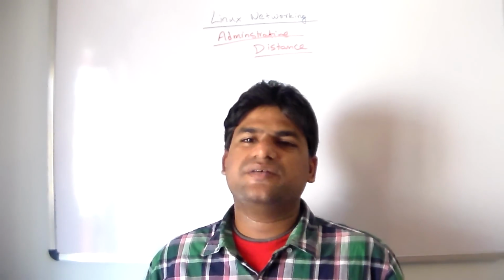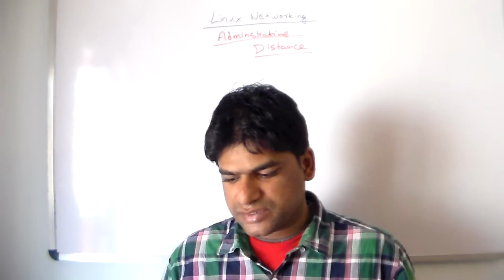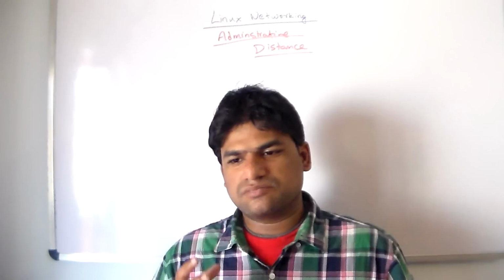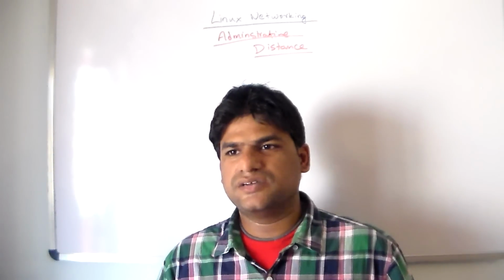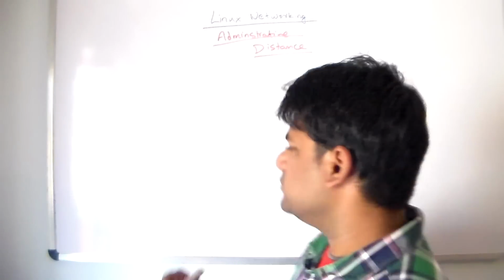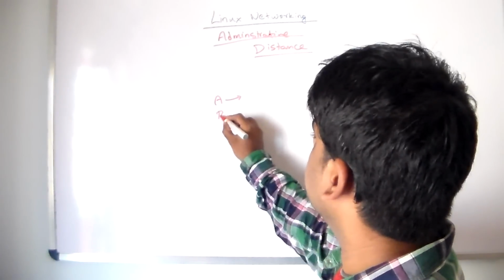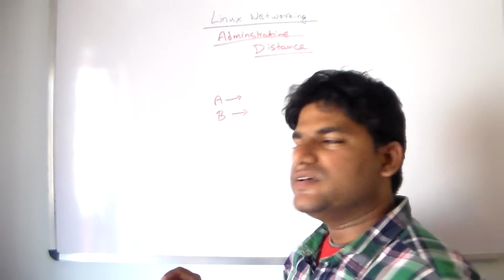Basically it is a parameter for the kernel to choose, a kind of parameter for the router to pick a specific routing entry to process the packets. Assume you have two entries, A, this is one entry, and B, this is one entry.